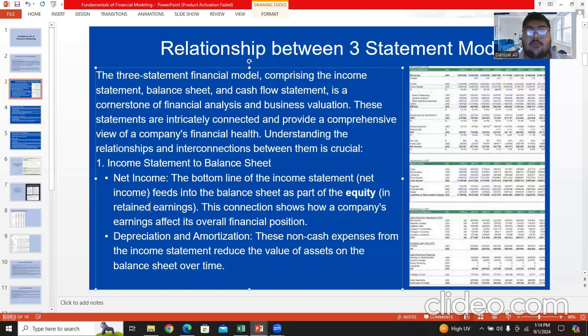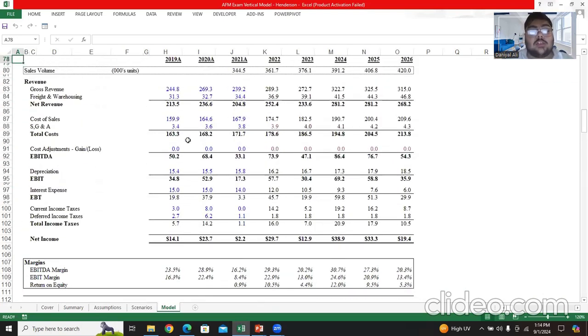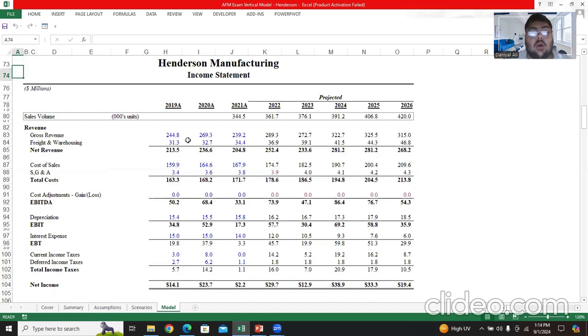Here we have a financial model which comprises the three statements, and I'm going to show how it relates. You have your income statement. Here, my income statement starts from revenue, then moves towards my costs, then some other adjustments, my expenses, and then I get my EBITDA.